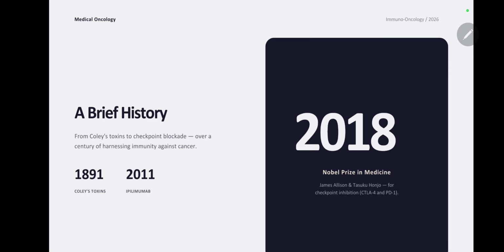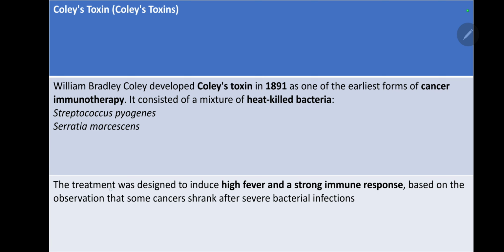We know about the brief history. First, in 1891 started with Coley's toxin. Coley's toxin was made by the scientist whose name is William Bradley Coley. And what is Coley's toxin?